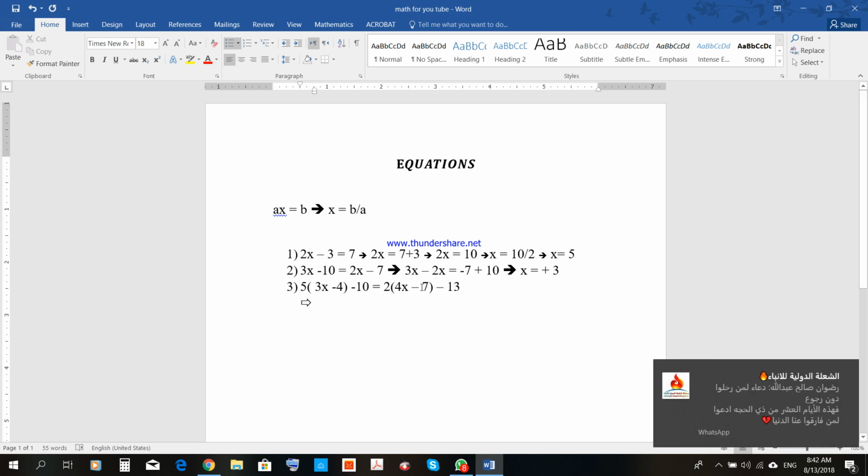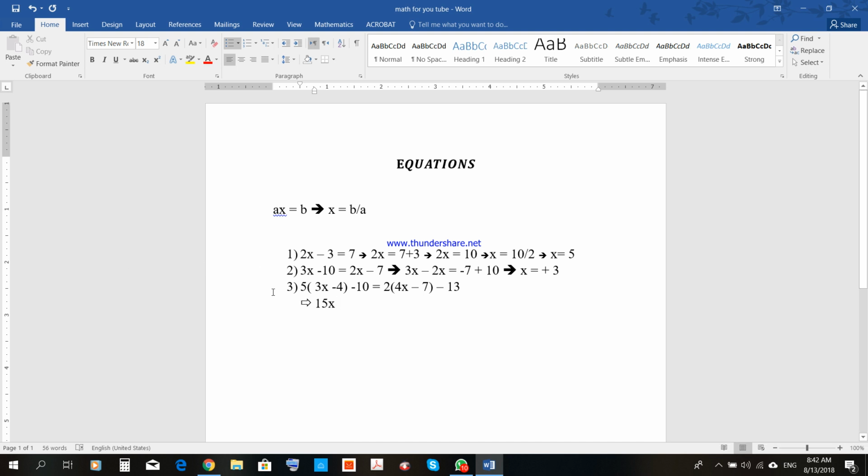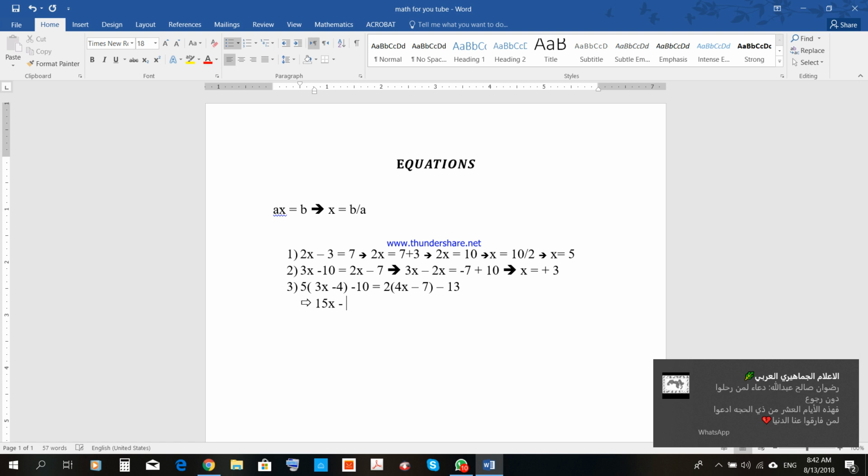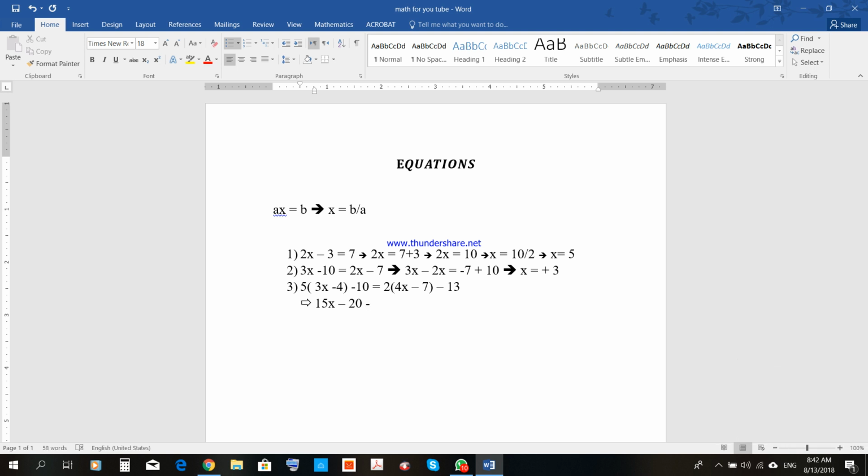Here 5 times 3x becomes 15x, and then 5 times minus 4 becomes minus 20, and we have minus 10, we will leave it.